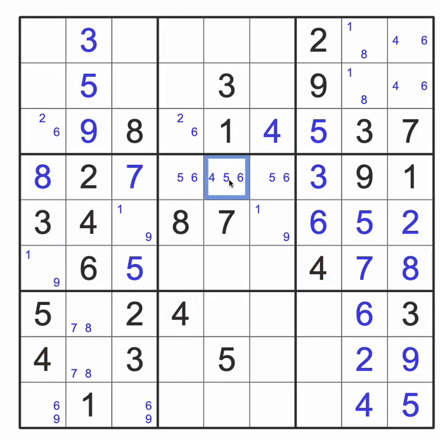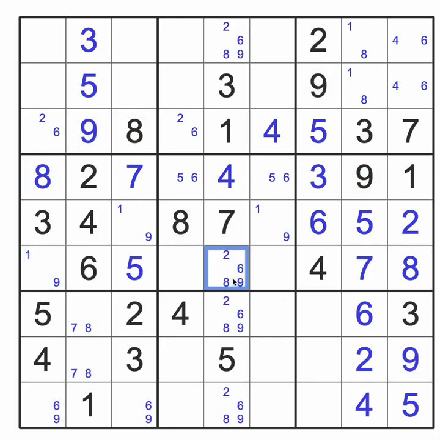Makes this cell 4. 2, 6, 8, 9. Okay, so now looking at these 4 cells, I guess I can put all the possible numbers here.